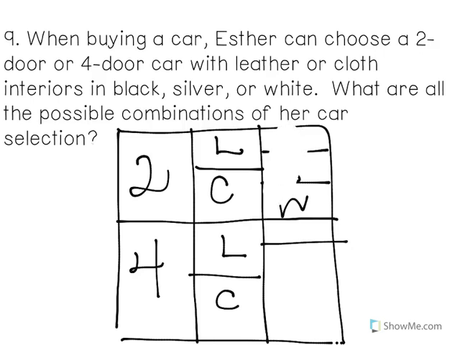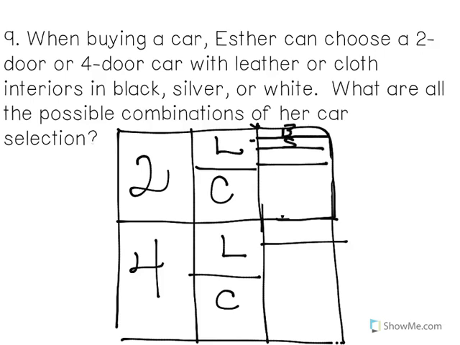Uh-oh. I made a little mistake. And I'm not ashamed of making a mistake. Because it says the leather or cloth interior. So leather could have black, silver, or white. Or the cloth can have black, silver, or white.